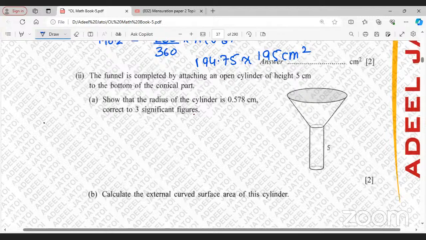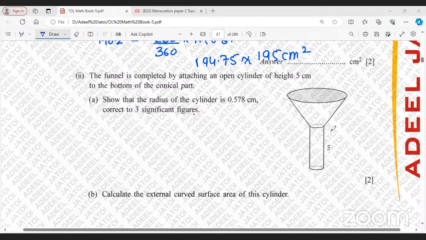Show that the radius of the cylinder is 0.578, correct to 3 significant figures. Now, the arc of CD is important here. The arc of CD is the circumference of the funnel bottom, right?